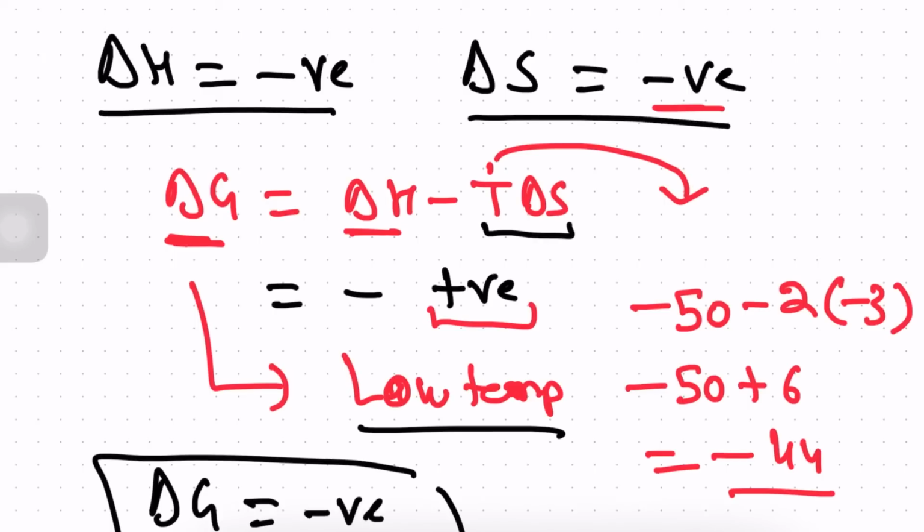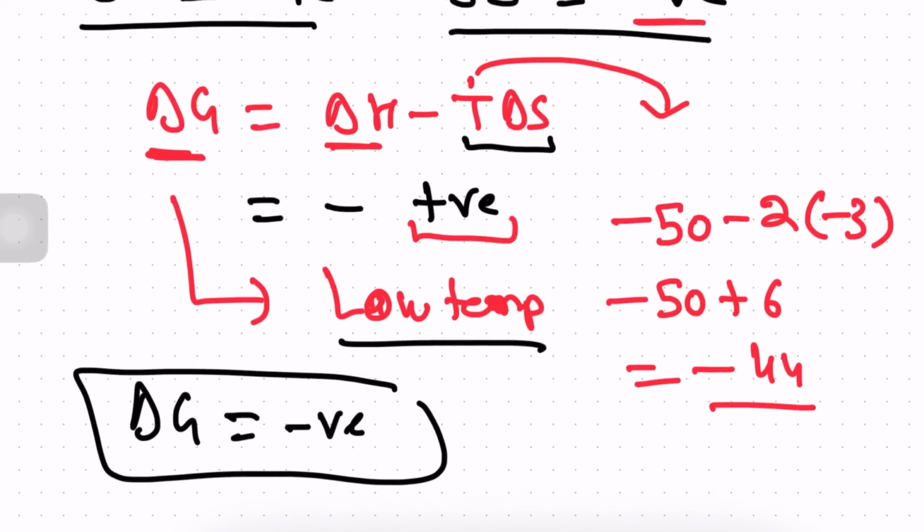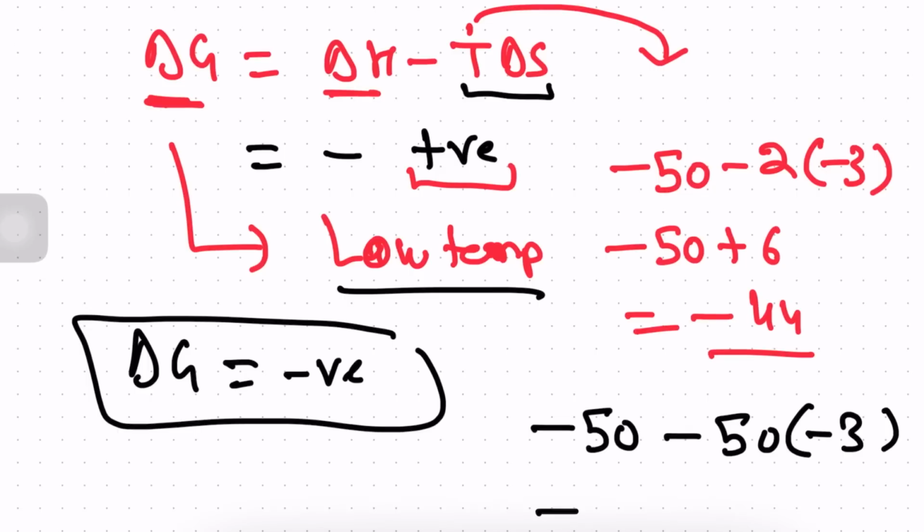Now the same reaction at higher temperature. When we have a much higher temperature, let's suppose this is minus 50, and if you increase the temperature, minus 50 into minus 3, so it will come out minus 50 plus 150, and if you solve it, it will come out plus 100.